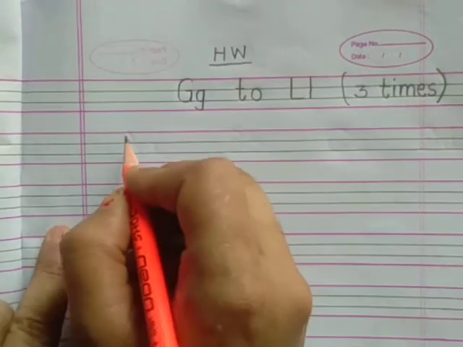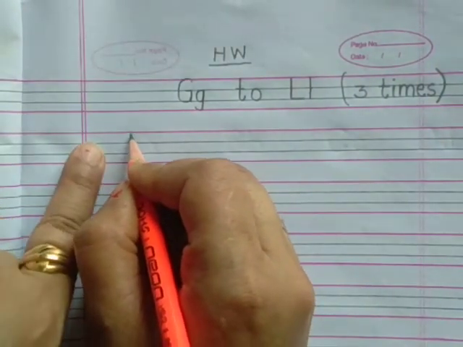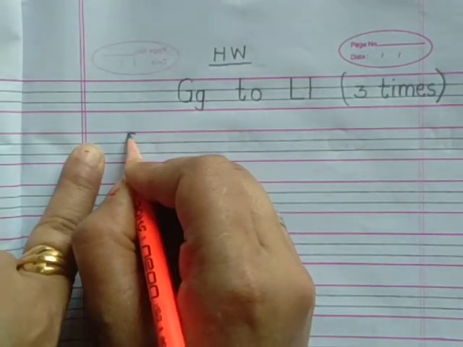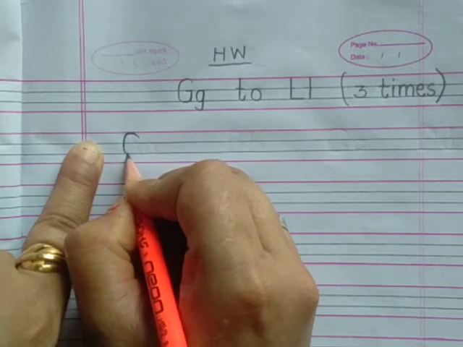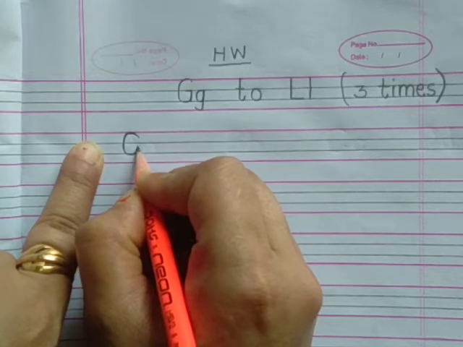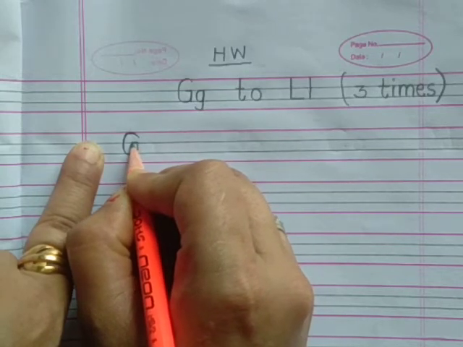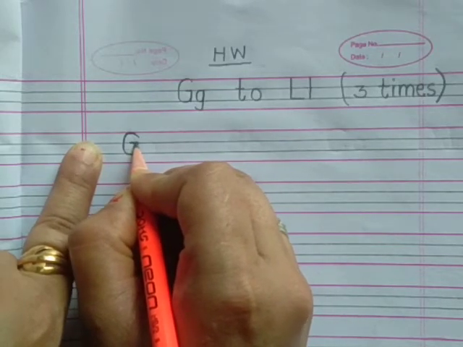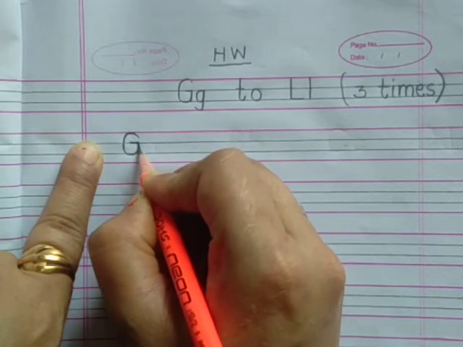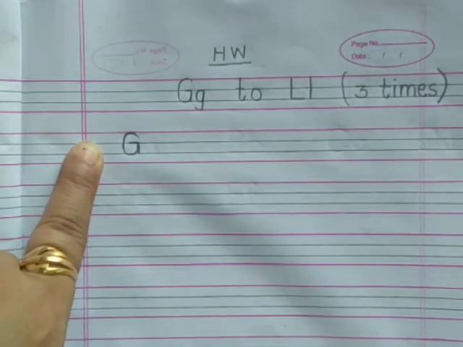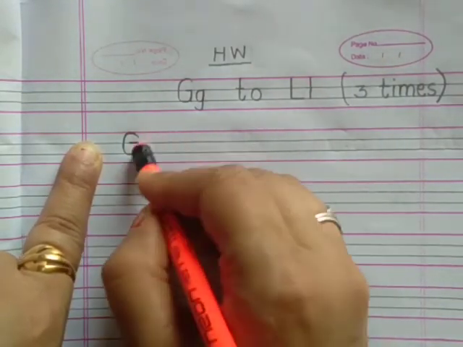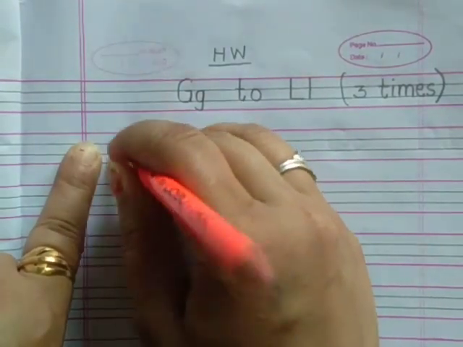Okay? Now let us revise the letters G to L. A big left curve, come to the third line, go to the second line, sleeping, trace it again, a standing line here and stop. Okay? Again I am showing you.